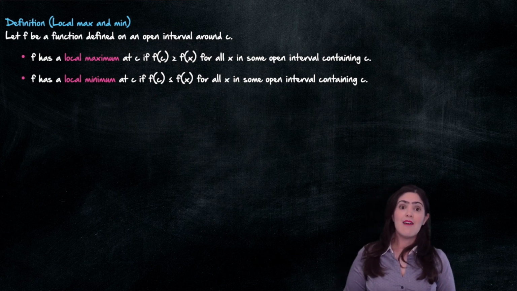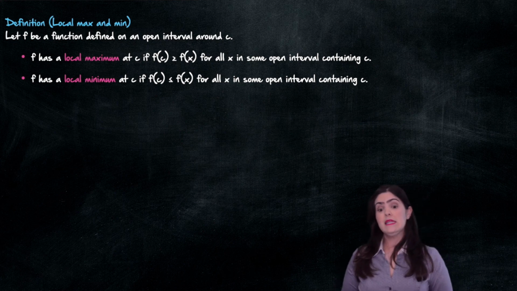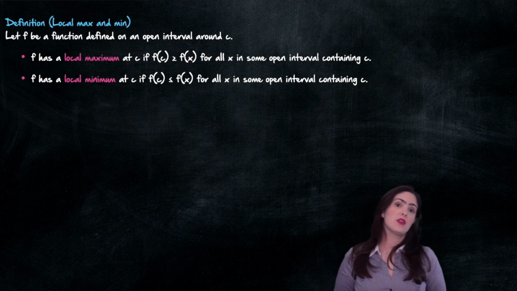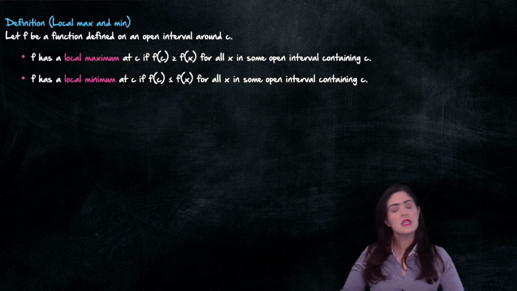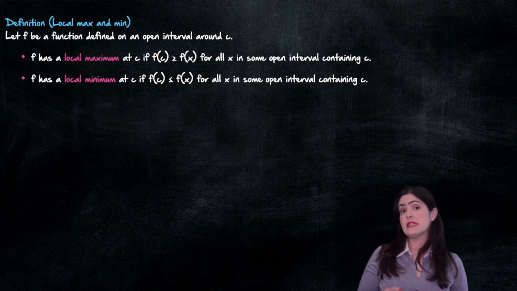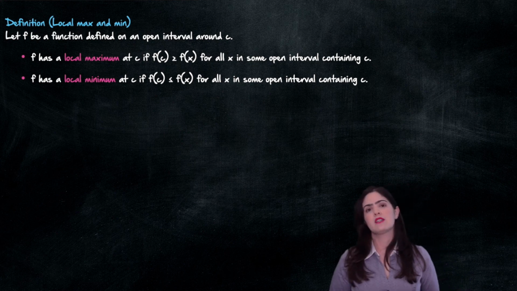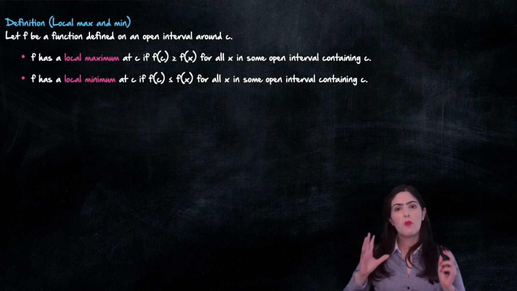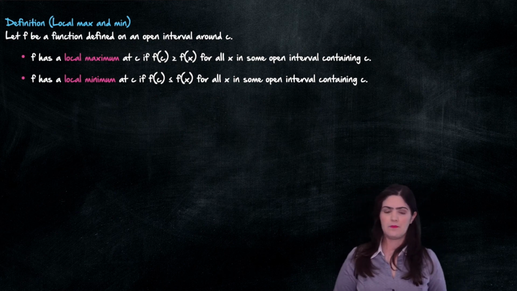We're going to say that f has a local maximum at c if f(c) is greater than or equal to f(x) for all x in some open interval containing c, and f has a local minimum at c if f(c) is less than or equal to f(x) for all x in some open interval containing c.